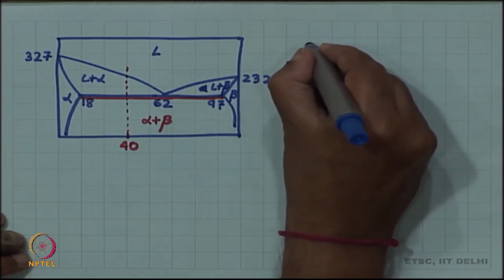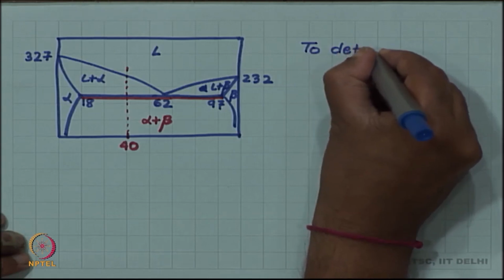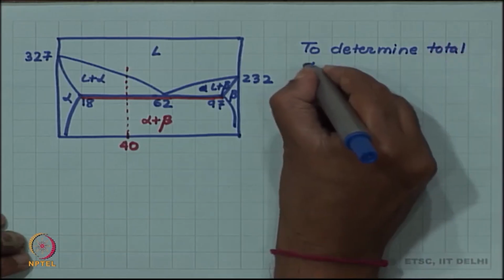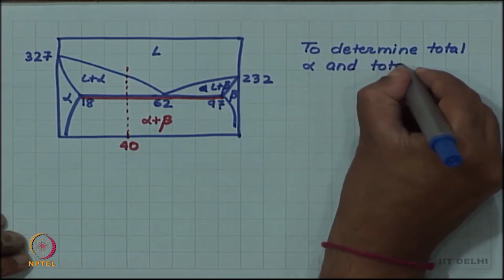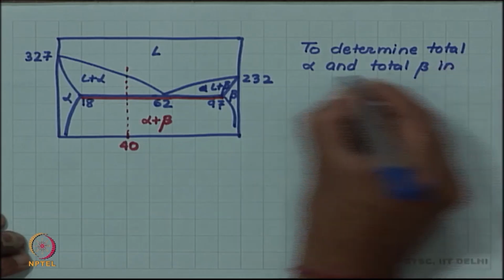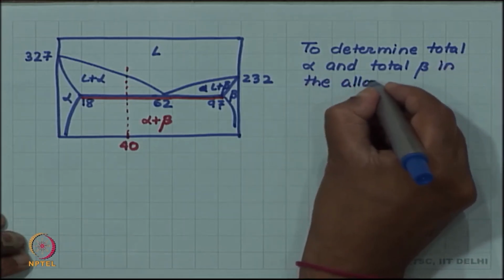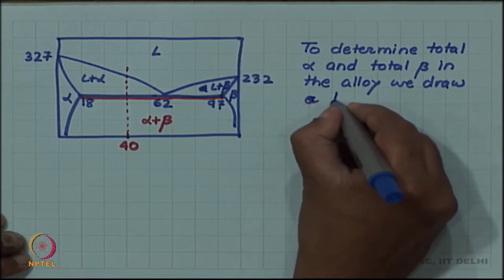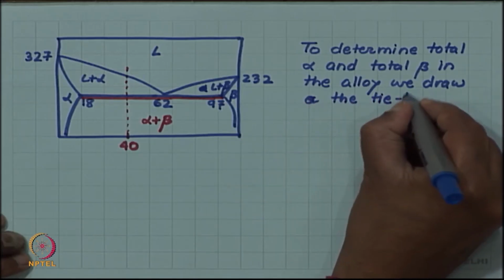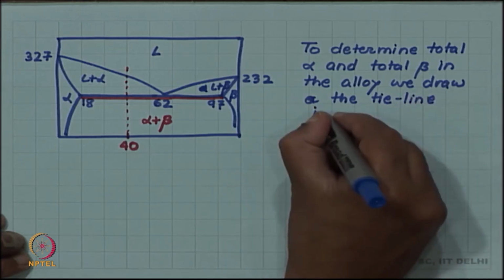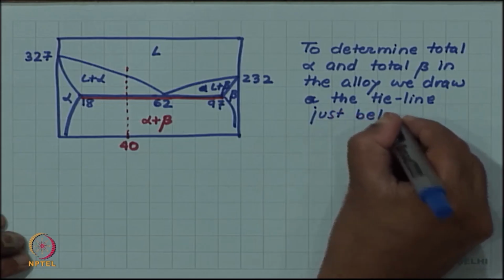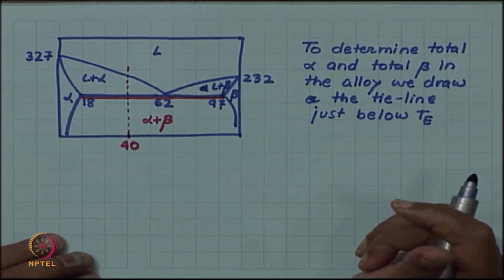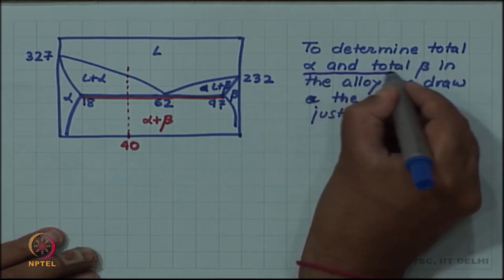So, to determine total alpha in the alloy, we draw the tie line just below T. Remember, when we wanted the micro constituents, we drew the tie line just above T. Now we are interested in total alpha and beta, which are the phases.